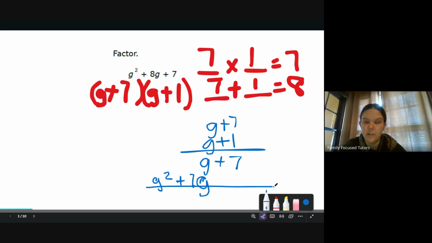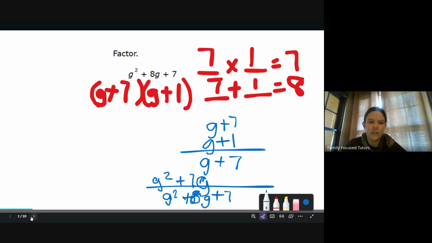And then when we add all those together, we get G squared plus 8G plus 7. So we got our original back.